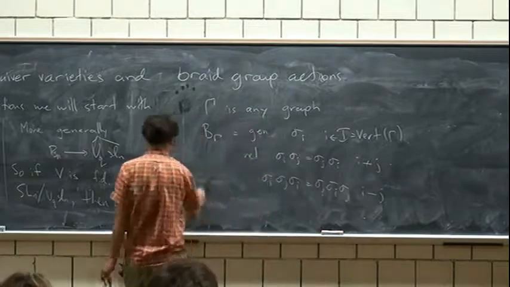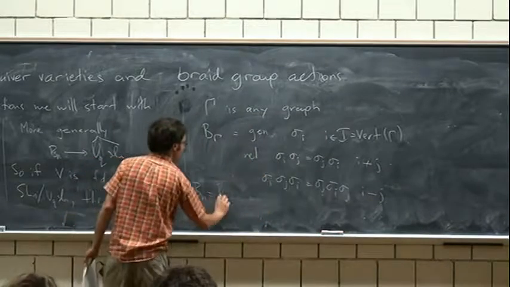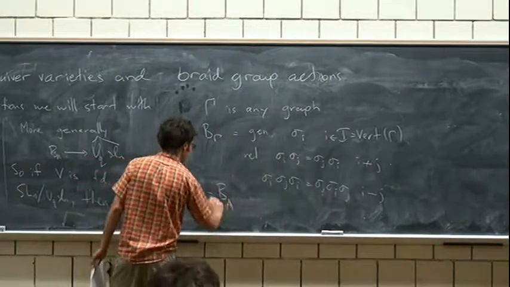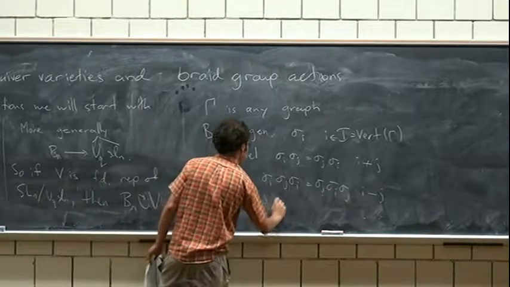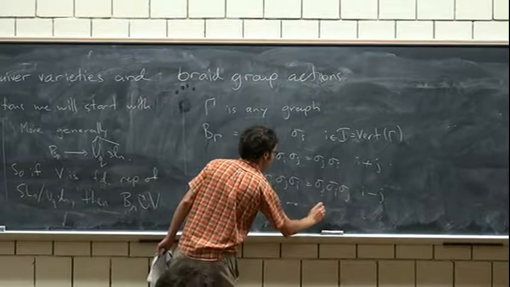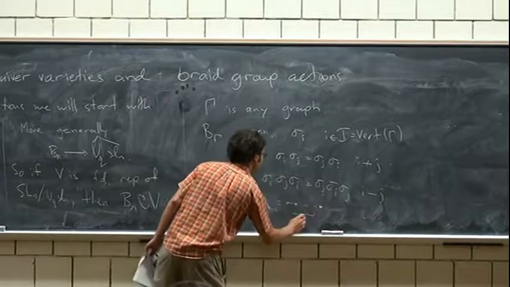Then B_n is equal to B_gamma, where gamma is the graph A_{n-1}, the linear graph with n-1 vertices.